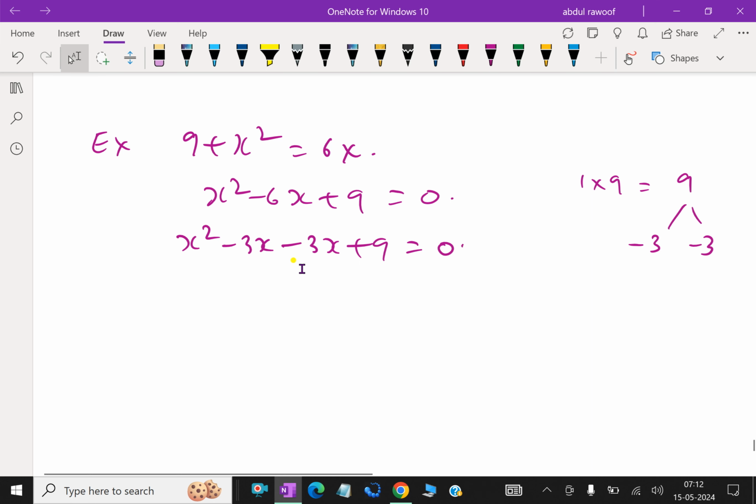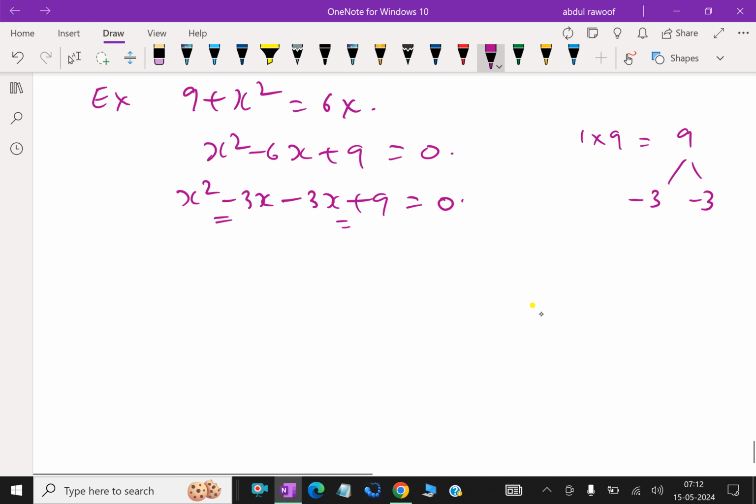Look at here. Minus 3x and minus 3x become minus 6x, and minus 3 and minus 3 give the last term 9. So in the first two terms, what is the common factor? x is common: x into x minus 3.